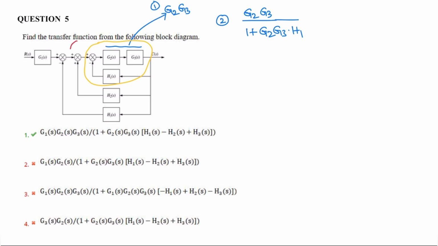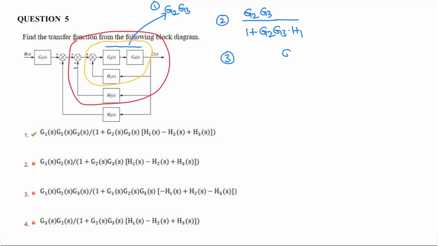Next, evaluate this block. Step 3 is to evaluate the blocks circled in the red line. This red line is a positive feedback system, the yellow line is a negative feedback system, and the plus is mentioned here.